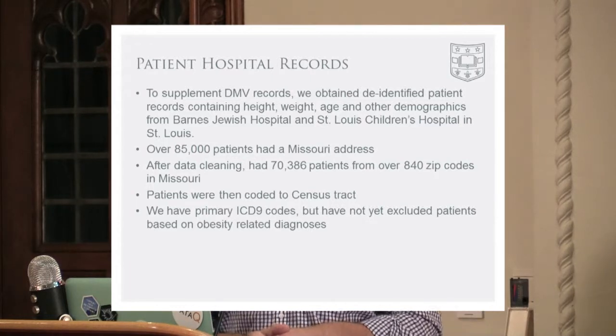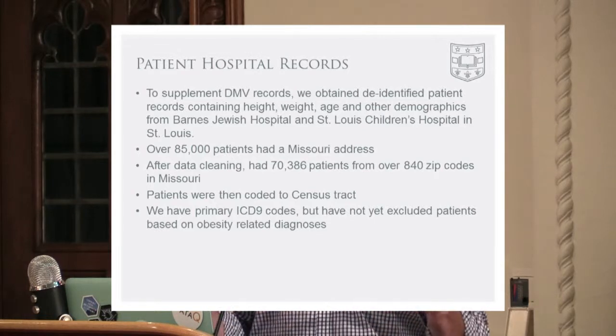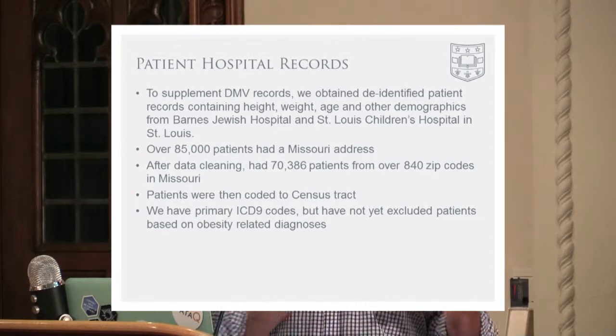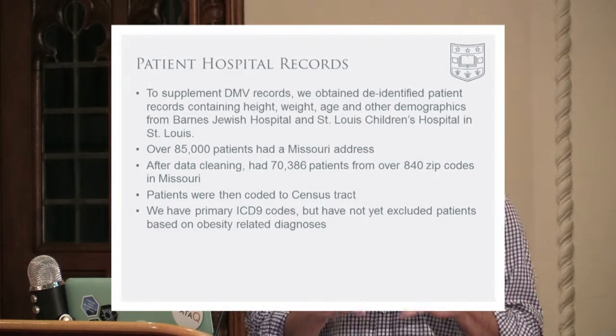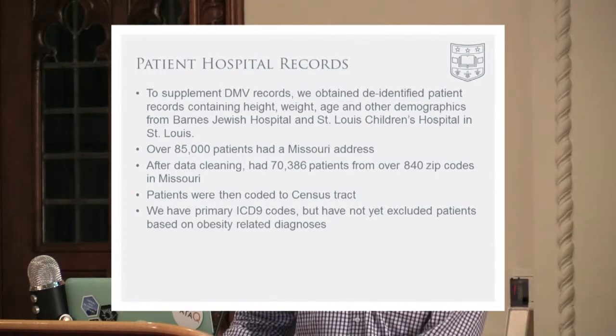But as you can see, we had pretty good representation around the state. Again, the goal with surveillance work is to get as much data as you can and not limit it to any particular category, so that we can generalize the information as much as possible.